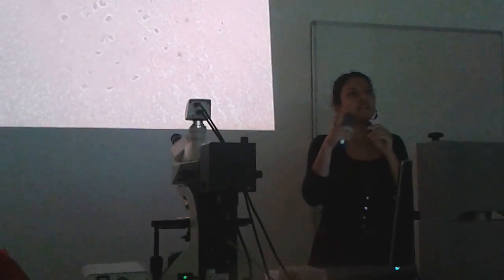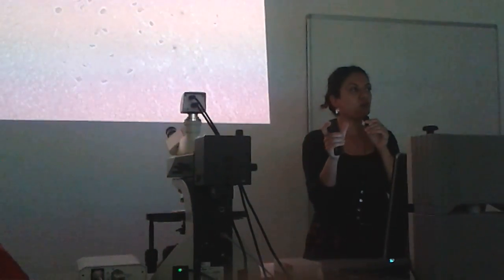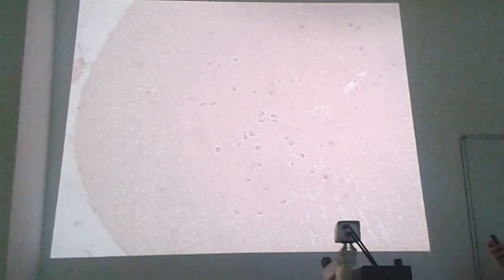So the structural difference between medulla spinalis and cerebellum is, as you remember, in cerebrum and cerebellum, the gray matter was on the outside of the organ, and the white matter was inside. But in medulla spinalis, as you will see, this is the white matter. So the white matter is on the outside of the organ, and this is the gray matter.